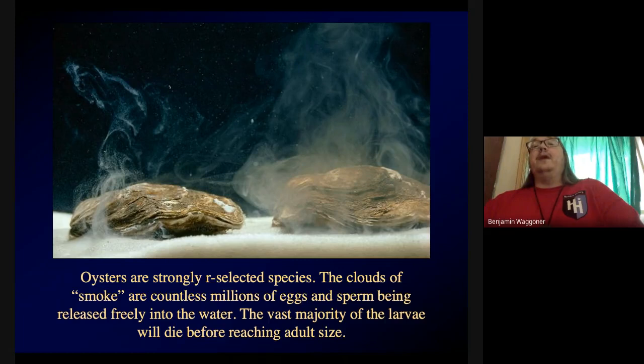They just synchronize firing off big clouds of gametes. The vast majority of the babies, the larvae that are produced, will die before they ever get to adult size. Many of them won't develop right. They may get eaten by other things.